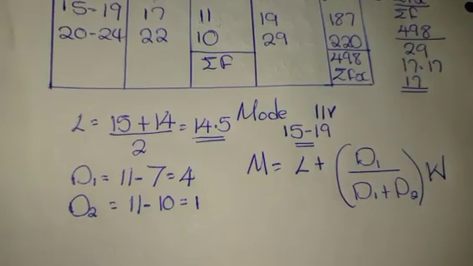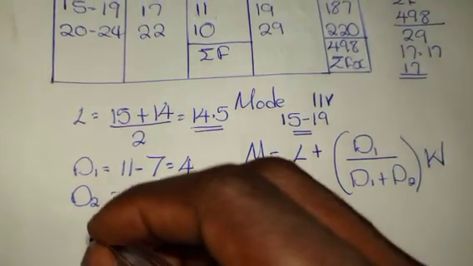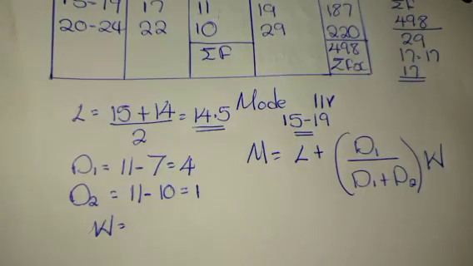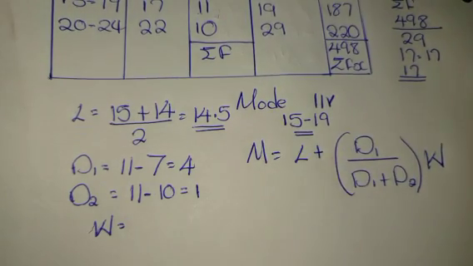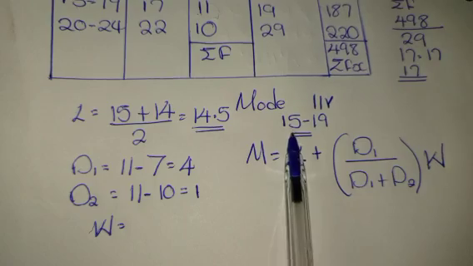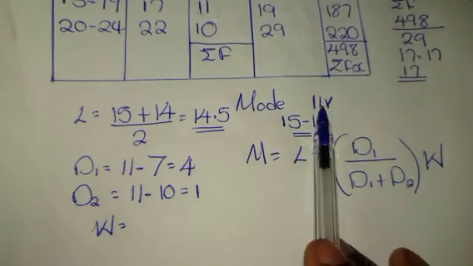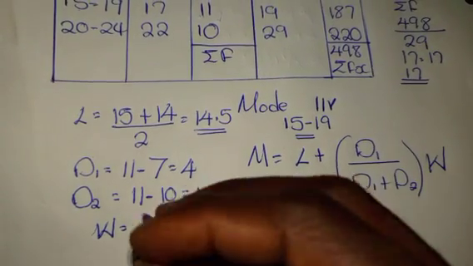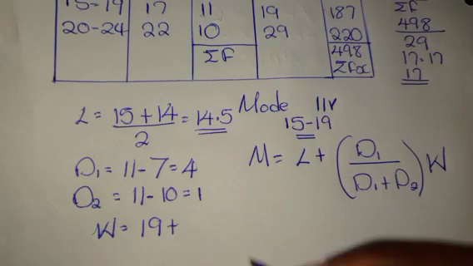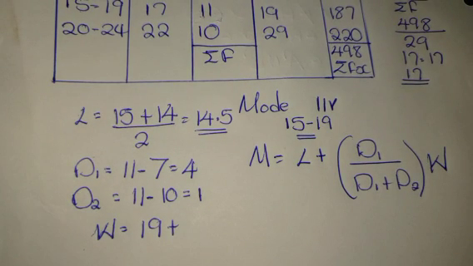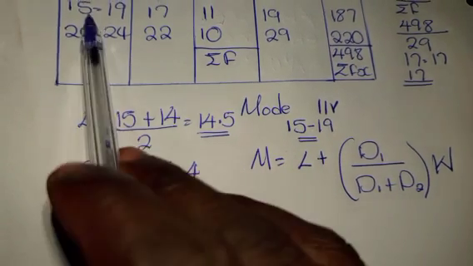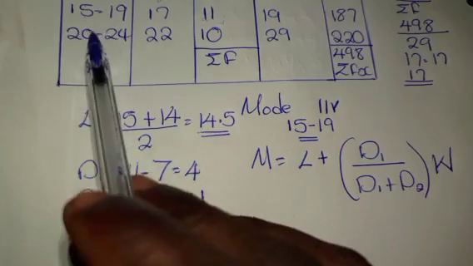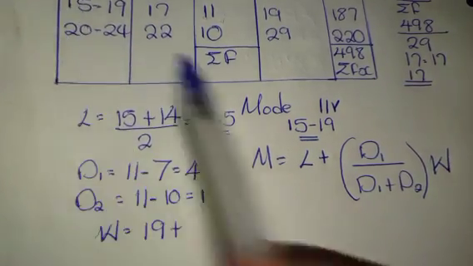Then you find the width now. Remember, for the lower boundary we used the lower interval. For the width, you will use the upper interval, which in this case is 19. Then you add it to the lower interval of the class after the mode class, which was 20.